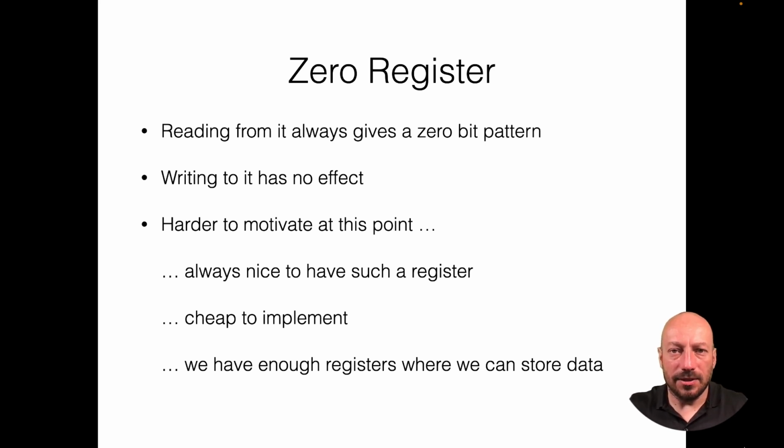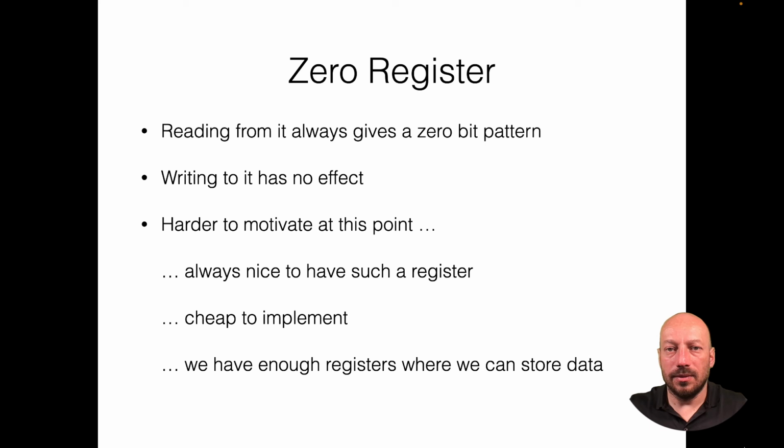And in these cases, you just do a subtraction. You don't care about the result, you just care about the status flags. So it might be a good thing to have a register where you can always write to, and you don't have to care if this register is already used for storing some useful data. So you want to have a register that you can use like a trash can.